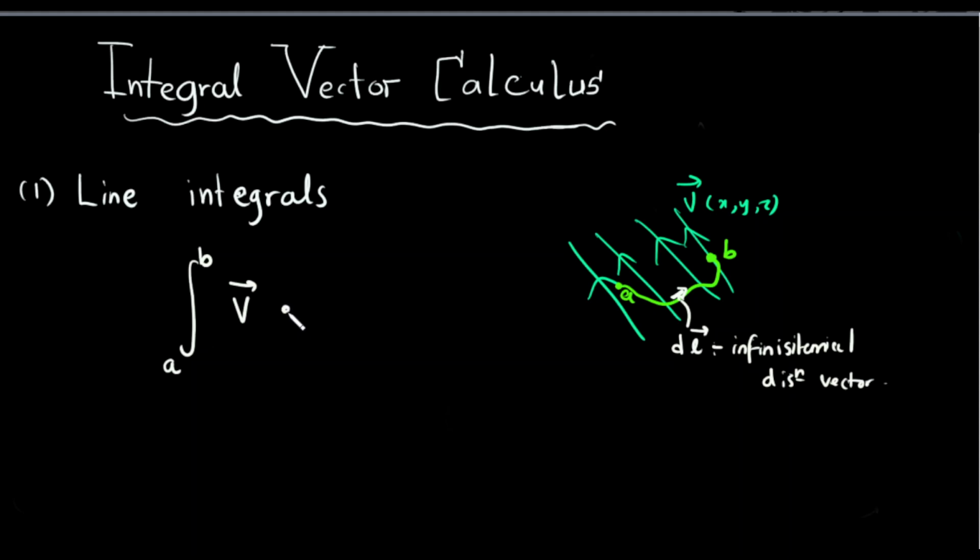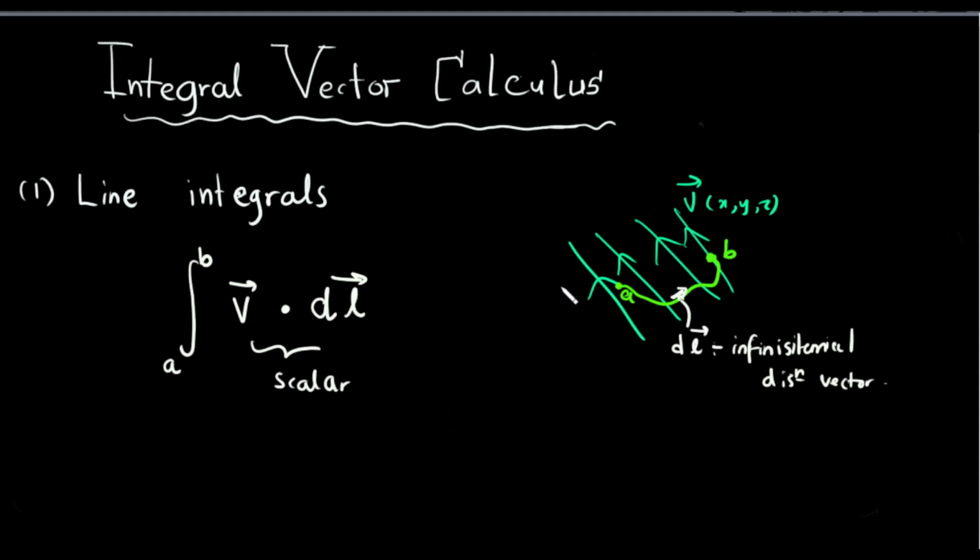So now we are going to have the dot product with dl, that is the infinitesimal displacement vector. So when we get this dot product of these two vectors, we are going to get a scalar here. So we have to integrate in between a and b, because if we consider only the infinitesimal displacement vector, we have to integrate this whole thing to get the line integral.